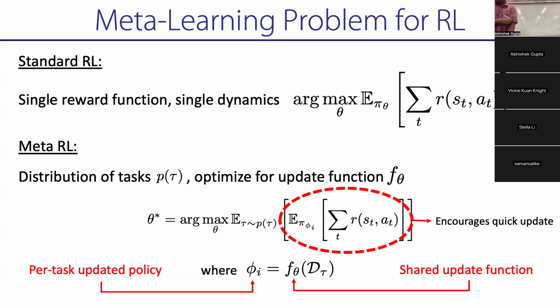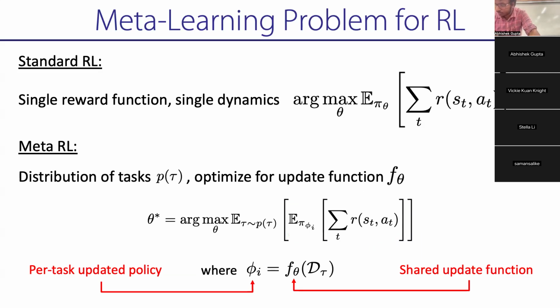The goal here is to encourage a quick update. One thing you want to notice here is that I think I had a little typo, but basically your inner sum is, let's say you updated your policy parameters with f theta. Let's say you went from phi naught to phi 1 to phi 2 to phi 3.